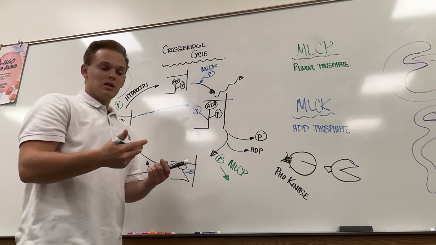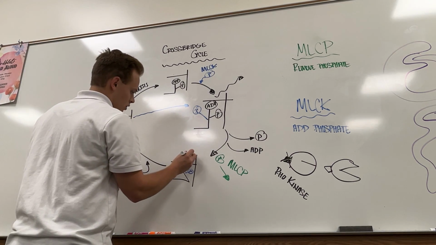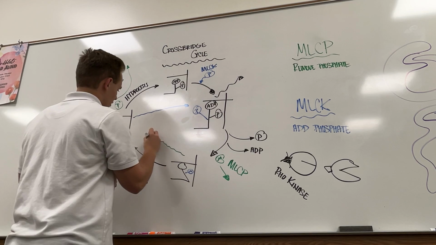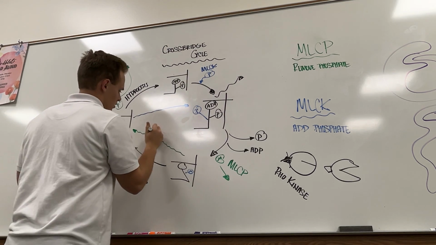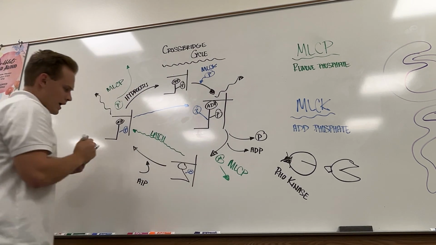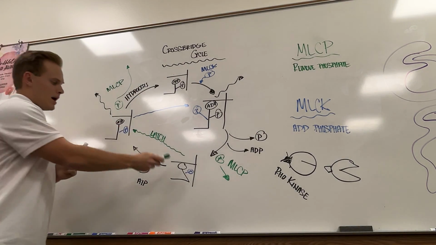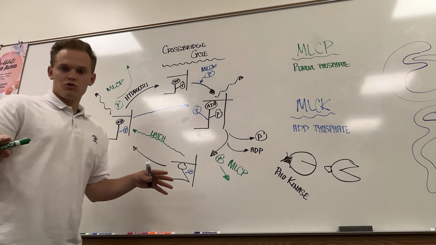So what's going to happen here is you actually enter a stage called the latch stage. Now normally ATP would come and bind to the head of the myosin and detach it, stopping muscle contraction.